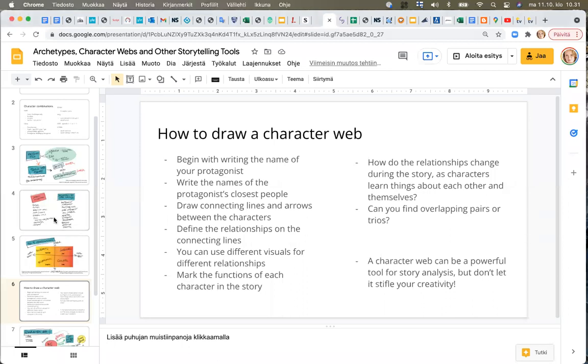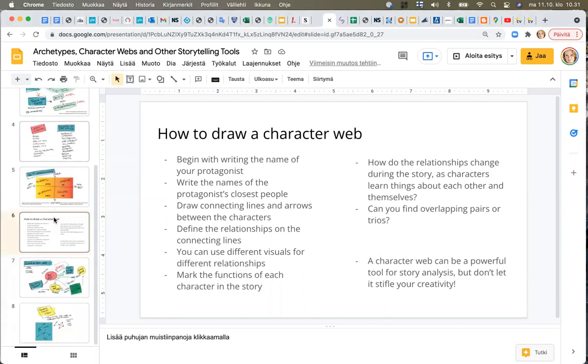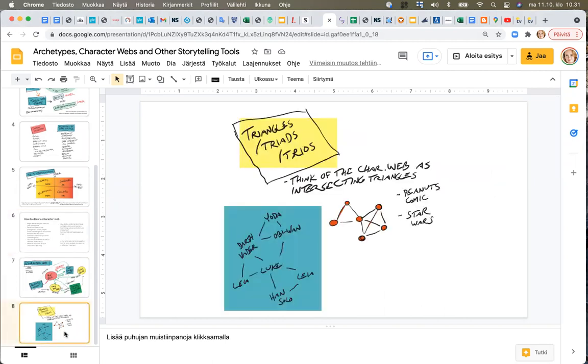So before we go into the character web, I'd like to remind you that you can use the trios, for instance, in an overlapping way when you are making an analysis of your own story or some other story. And yes, I know there's Leia twice. That was my purpose.